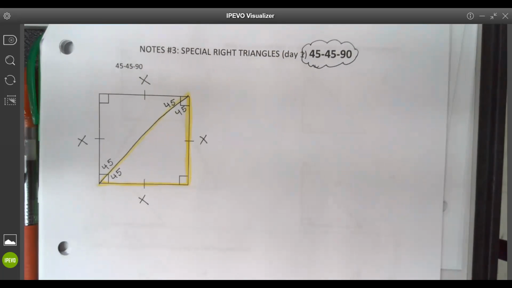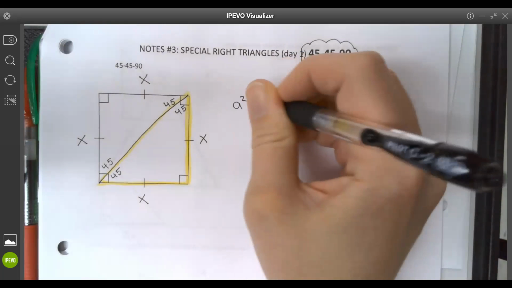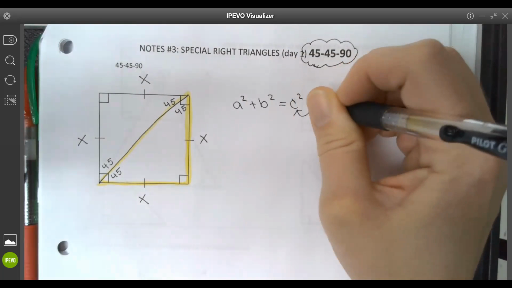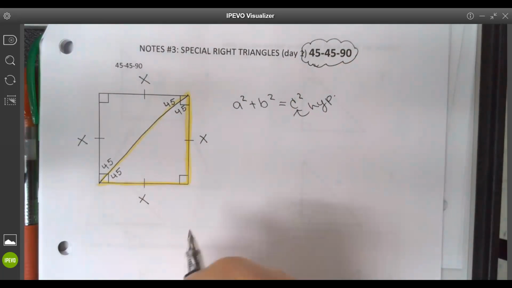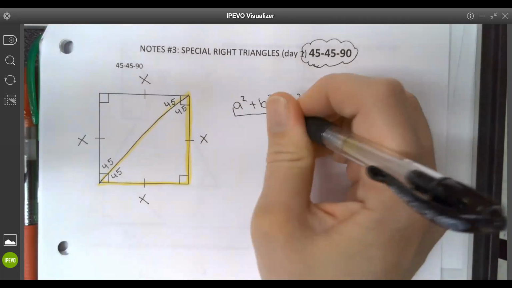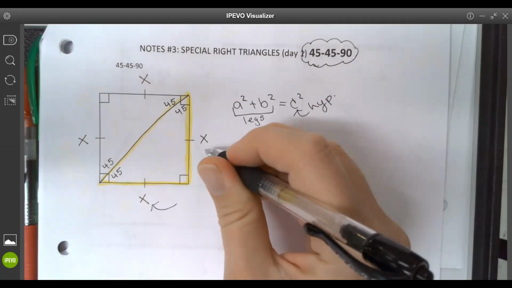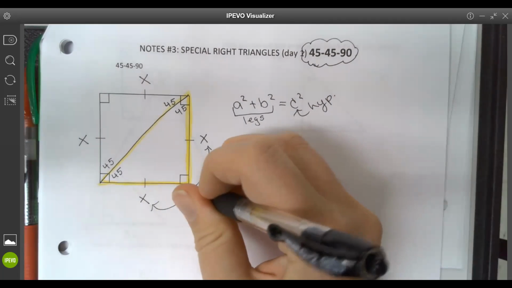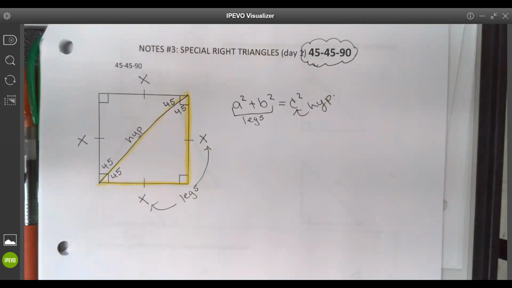And things we know now would be a squared plus b squared equals c squared, where c has to be the hypotenuse. And this has to be my legs. These x's, are they legs or a hypotenuse? These are the legs. This is my hypotenuse, right?